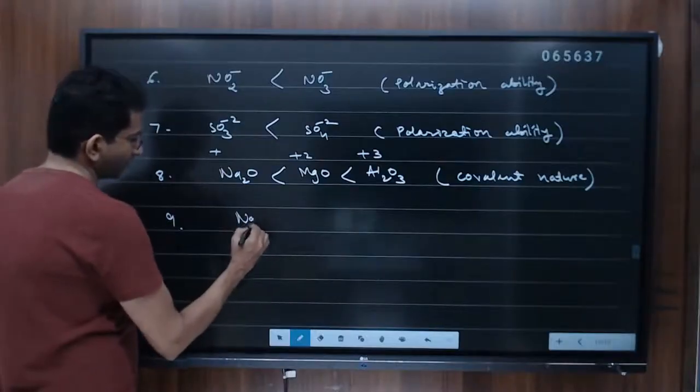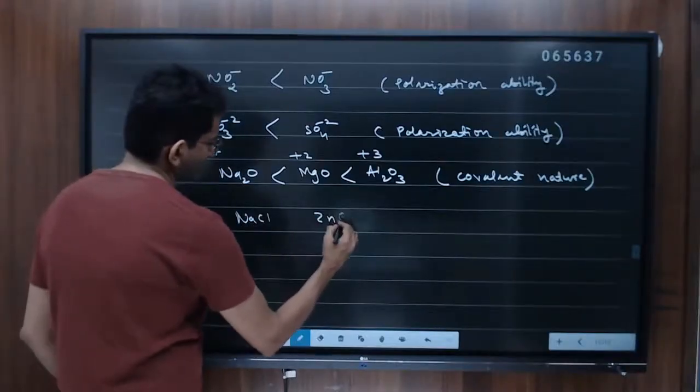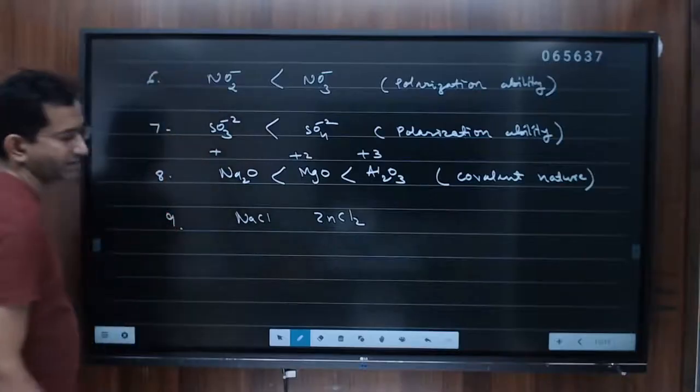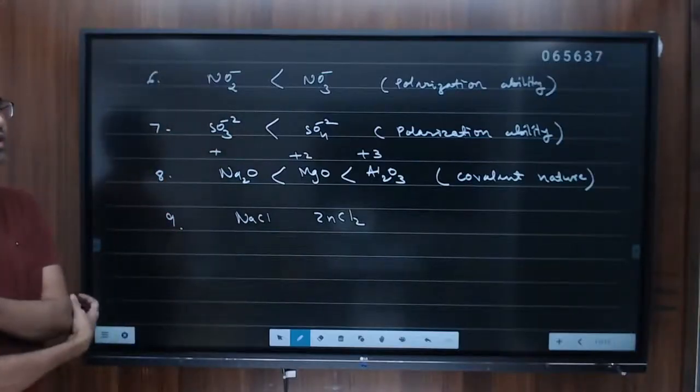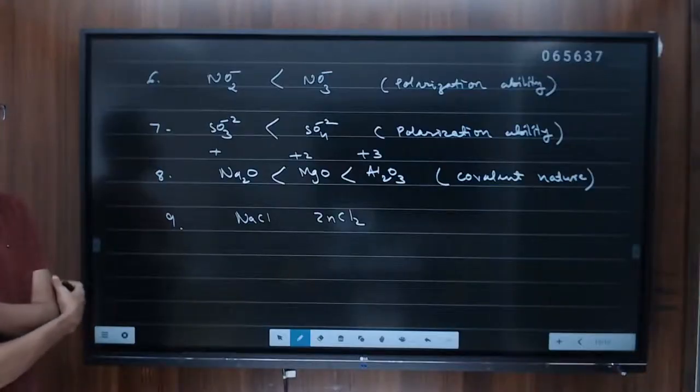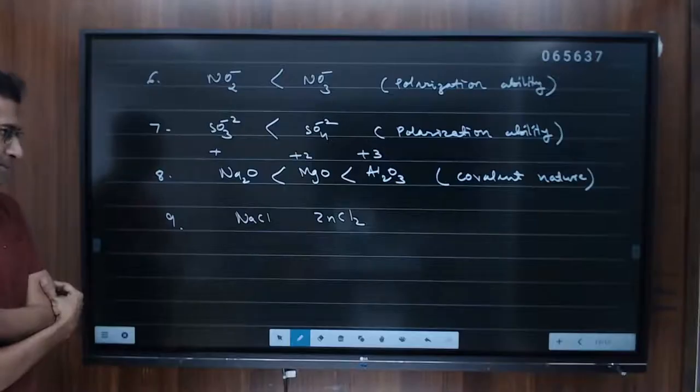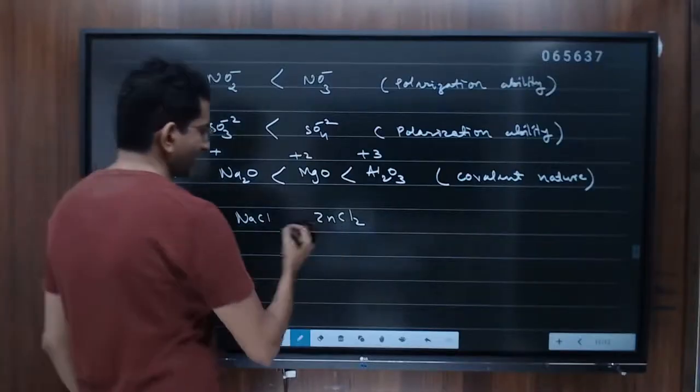Now you let me know about NaCl and ZnCl2. In this case, you will have to apply a special concept I taught you 5 minutes ago. In both of these Cl minus is there.